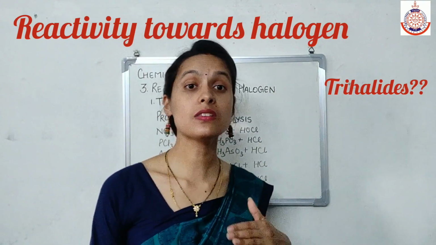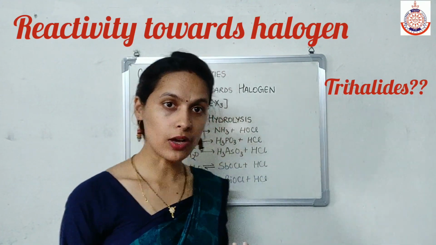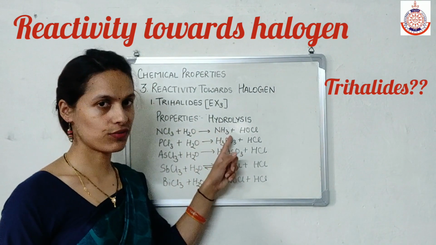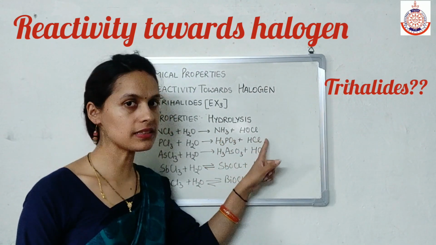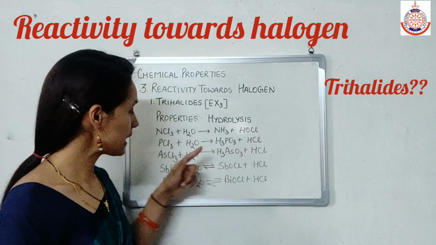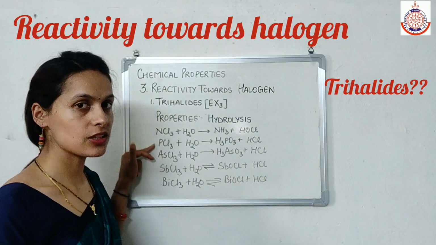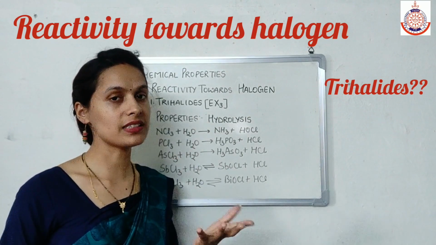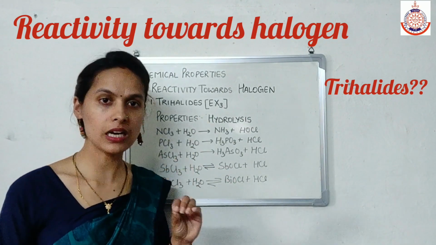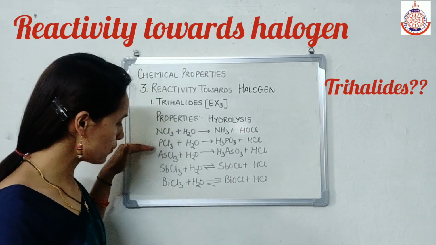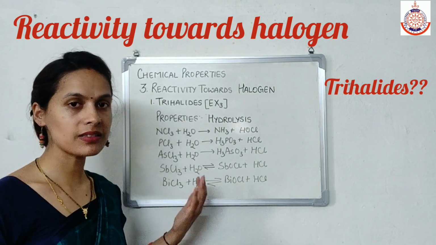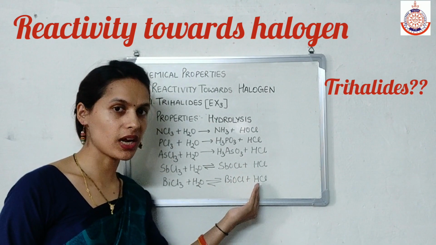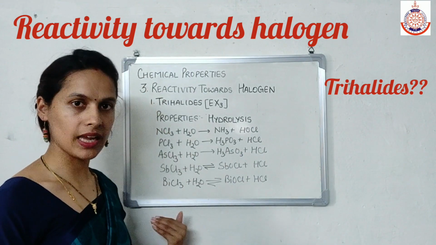So it is clear from these five reactions that as we move from nitrogen to bismuth, the ease of hydrolysis decreases. The NCl3 reaction is very fast, rapidly giving NH3 plus HOCl. For PCl3, the reaction is not as fast as NCl3, but still fairly fast. As we move down the group, the reactions are reversible, meaning that after some time the product gets converted back into the reactant.